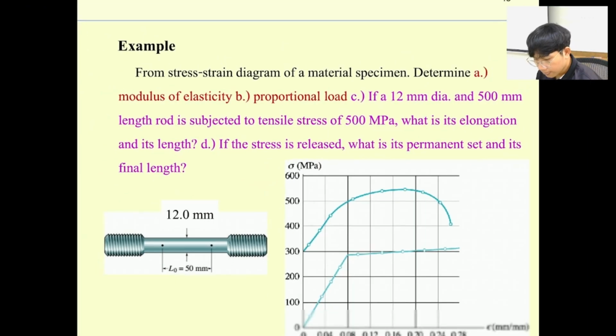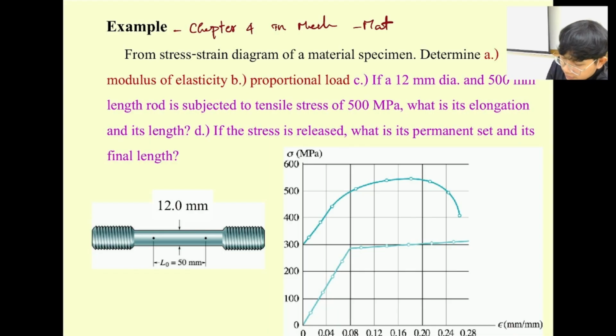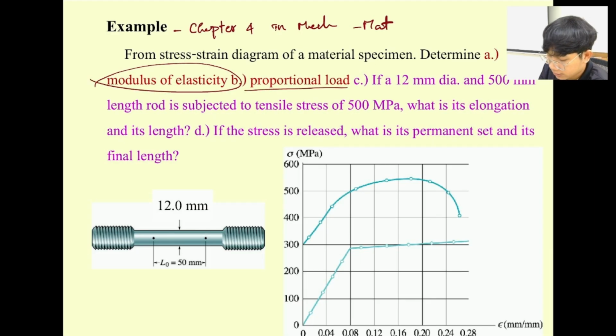Okay, all right, let's go quickly to the example. This one is similar to chapter 4 in McMed. The question basically asks, one, the modulus of elasticity. The second one is the proportional load. It's not proportional stress, so it's going to be PPL over here.